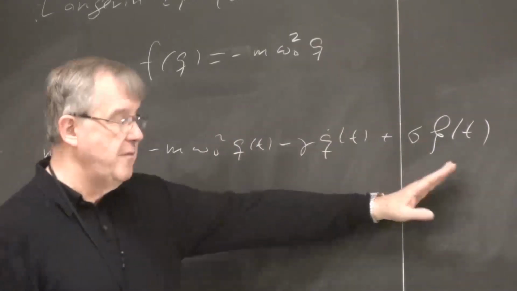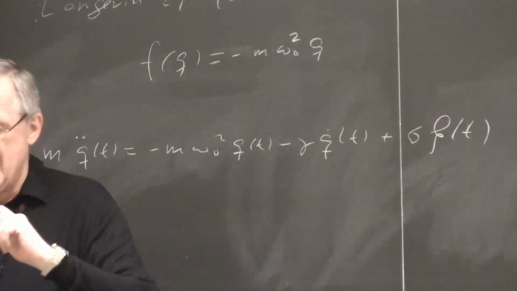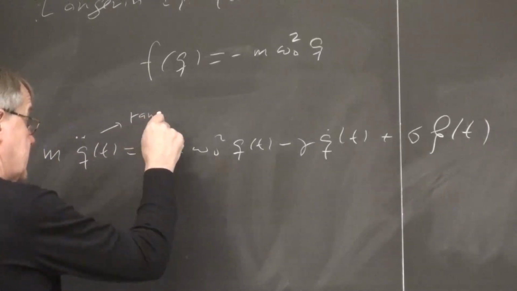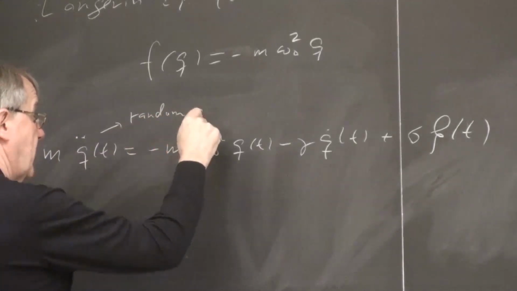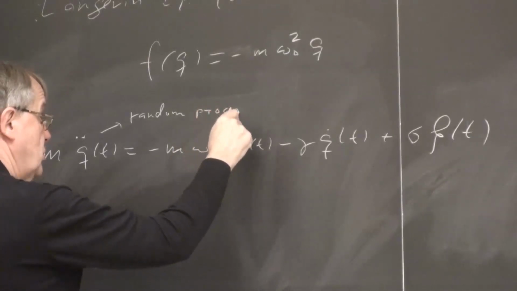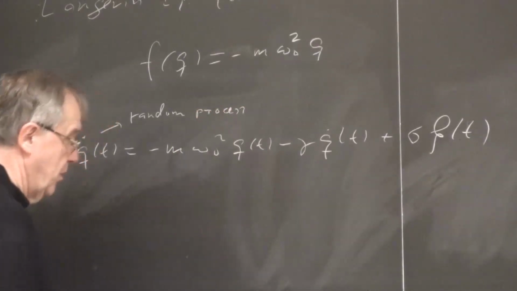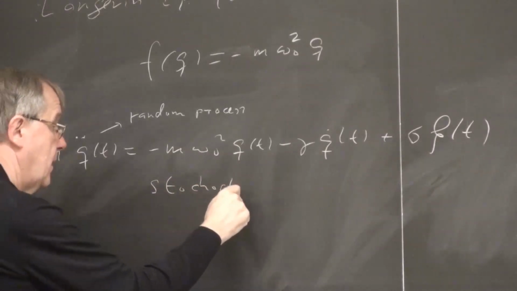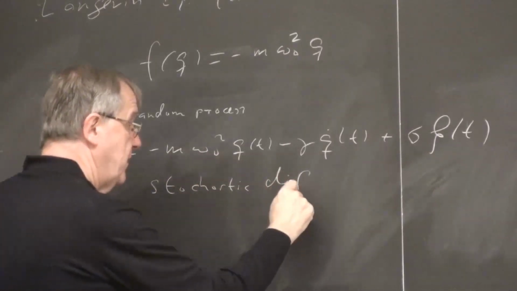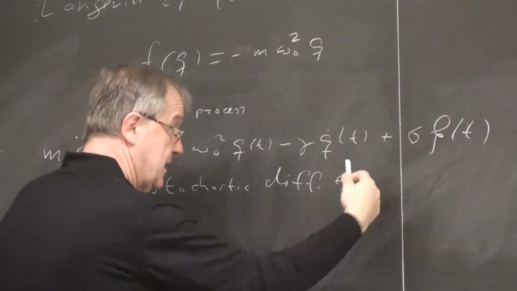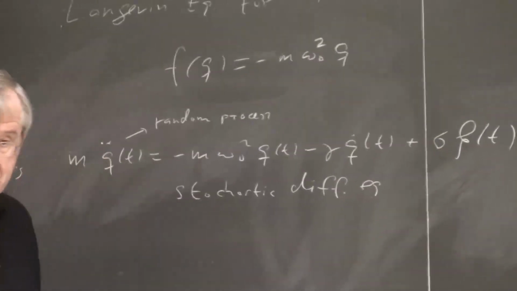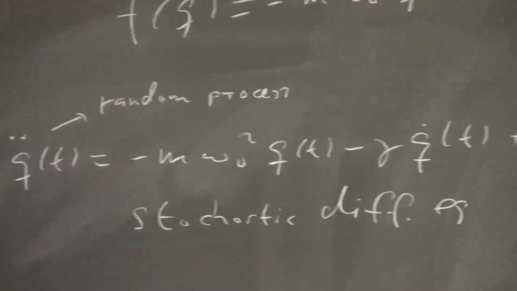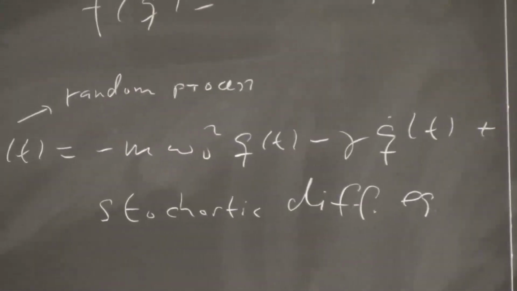But here, we have a random term. And so this one here is actually now a random process, because it is a solution of what you call a stochastic differential equation, where we have on the right-hand side a stochastic input. And so what is then coming out on the left side as a solution is also stochastic.